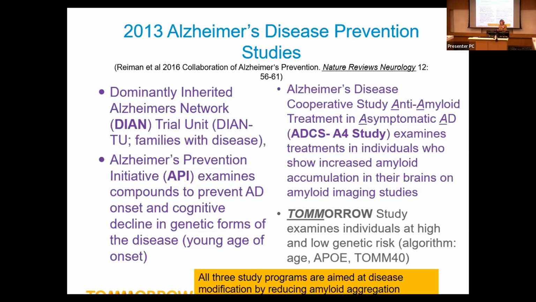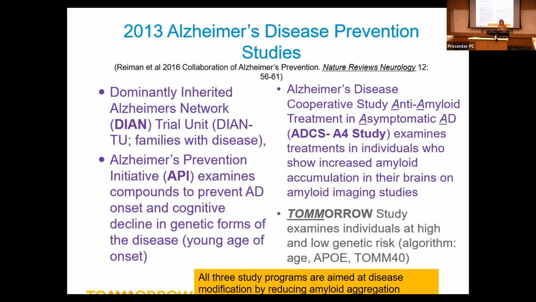The three that you see in purple on the slide are all studies that are looking at amyloid lowering compounds. Two of these studies enrich on the basis of genetics. So the DIAN study, the dominantly inherited study, enriches based on genetic mutations that confer a high risk of developing amyloid abnormalities.